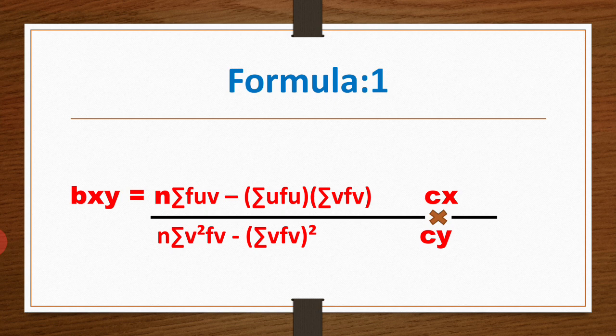Correlation is free from origin and scale, so multiplying or dividing does not affect the correlation formula, but regression is not free from scale, so here we multiply cy and cx. In bxy, y is the last point. So upon, only for information about y, we assume v. So n sigma v square fv minus sigma vfv whole square comes in the denominator.